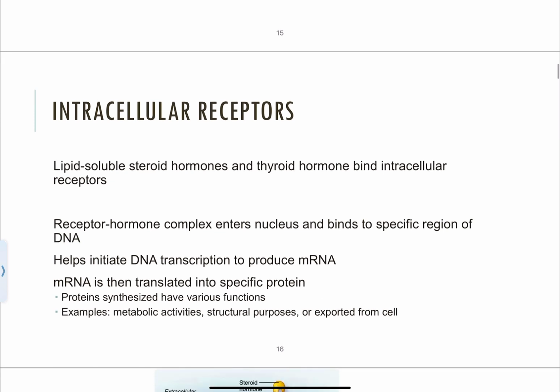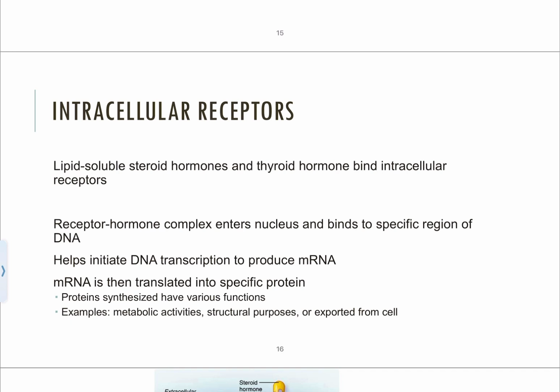Okay, intracellular receptors. Remember, if we're talking about steroid or lipid-soluble hormones, we're talking about intracellular receptors, along with the thyroid hormone, because that was our exception. These receptors are typically in the nucleus in some sort of region of DNA.